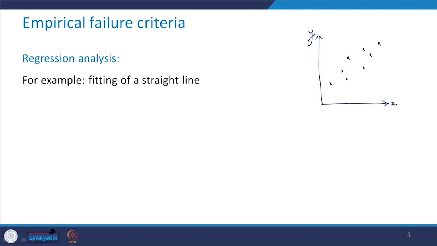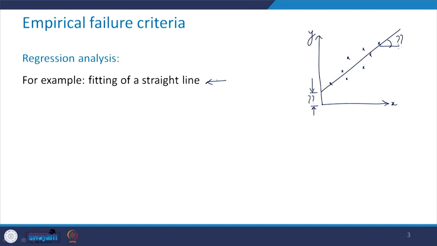Now, we want to fit a straight line to this data, which will have some intercept and some slope. I really do not know what these are. So, let us see mathematically how we can fit a straight line into the data set.